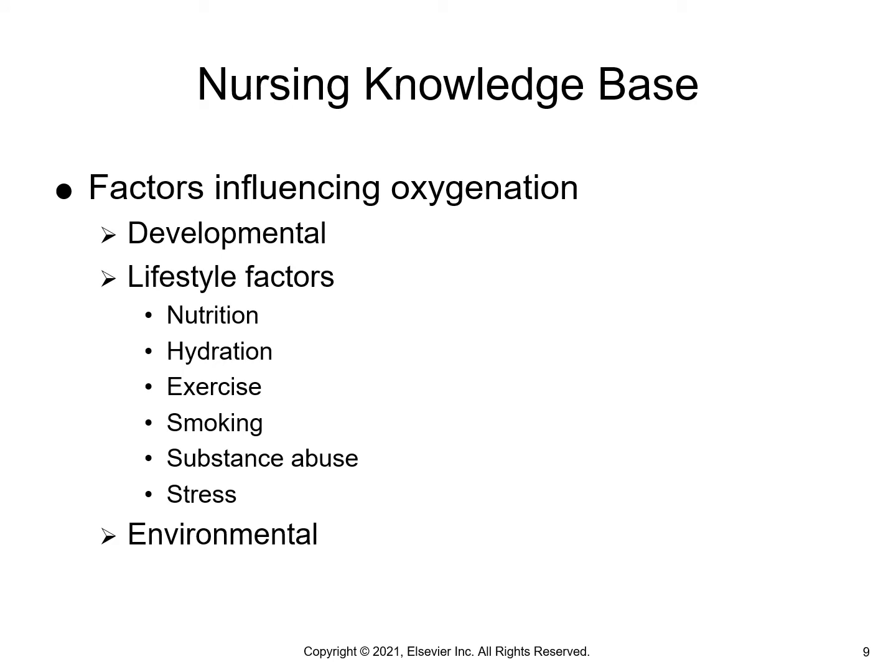So after the physiological factors, we're going to talk about what developmental factors can affect oxygenation. Infants and toddlers, if we have a premature baby, we're going to have a less well-formed ventilatory system. That is for sure one reason of the infant having premature lungs.